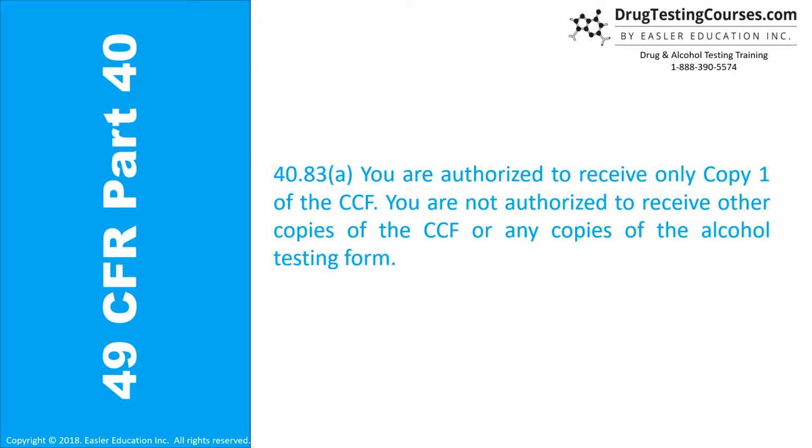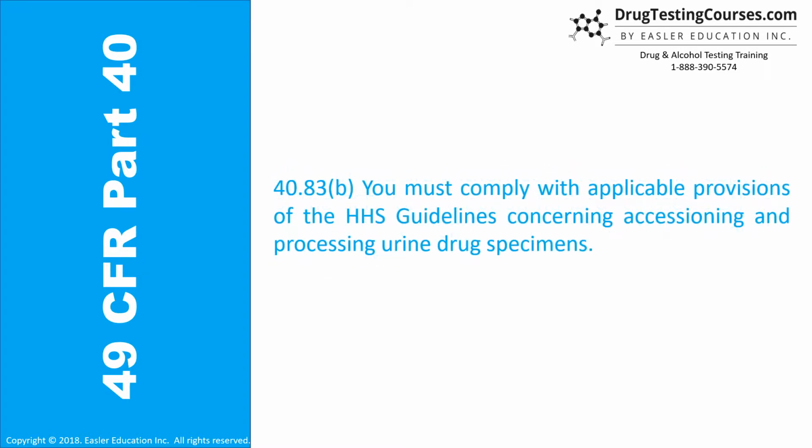You are authorized to receive only copy 1 of the CCF. You are not authorized to receive other copies of the CCF or any copies of the alcohol testing form. 40.83(b). You must comply with applicable provisions of the HHS guidelines concerning accessioning and processing urine drug specimens.